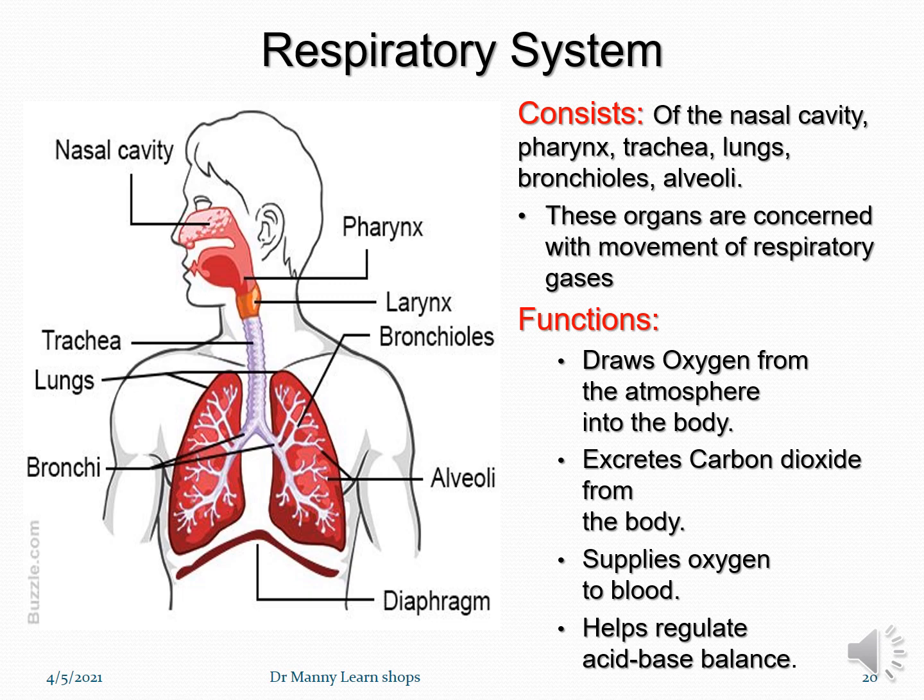The functions of the respiratory system basically are to draw oxygen from the atmosphere into the body and then to excrete carbon dioxide from the body. Its purpose is to supply oxygen to the blood, and it helps regulate acid-base balance, which is part of the homeostatic process, which we'll be reviewing later.